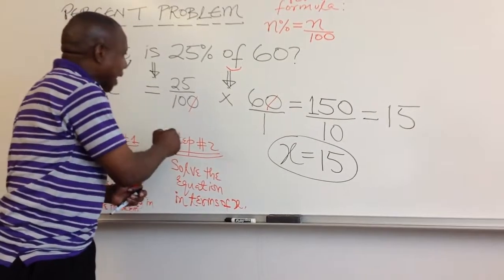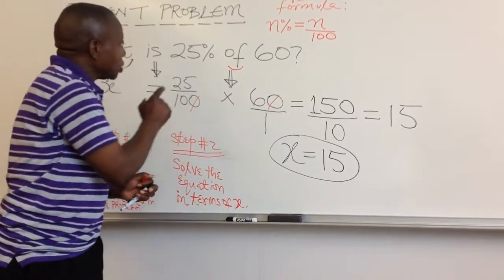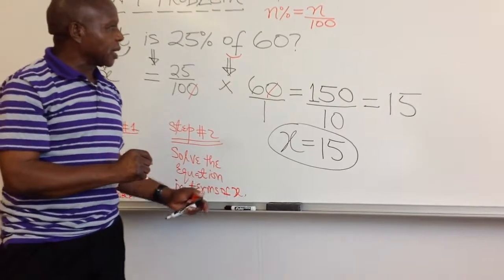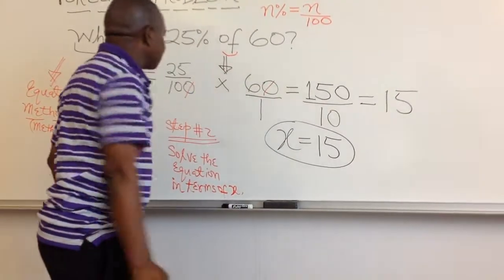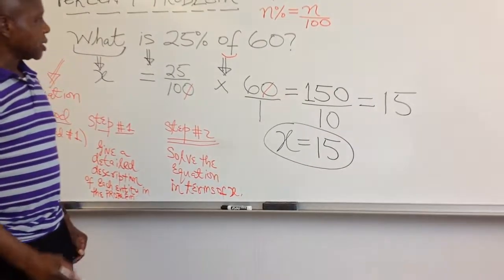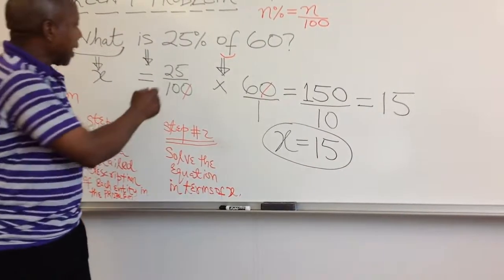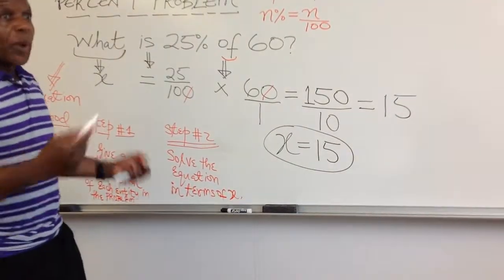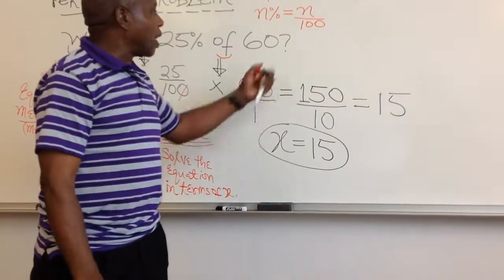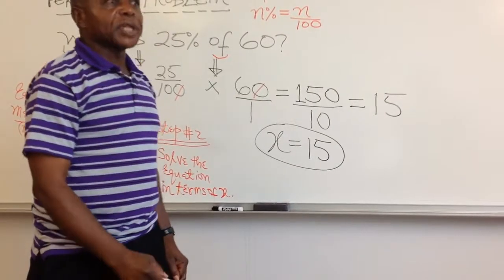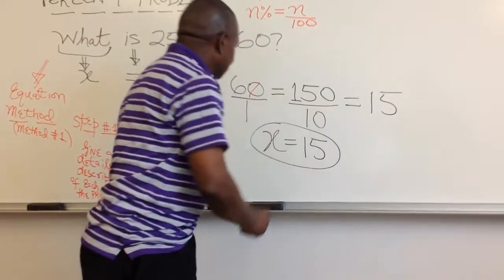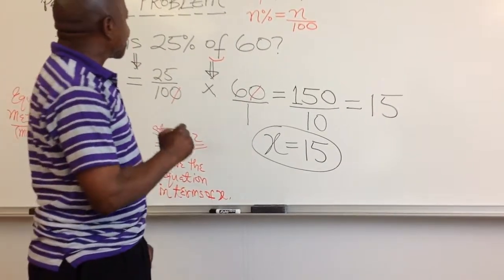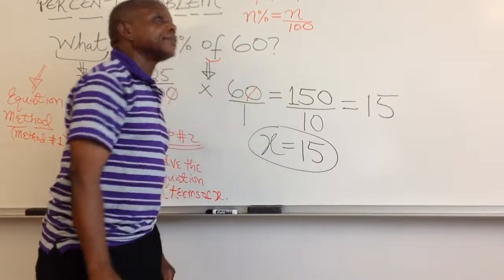And when we did that, we were able to multiply the 25 by 6, and we obtained 150. The next thing we did was to multiply 10 by 1 and obtain 10. And then we divided the 150 by 10 and obtained the number 15. So therefore, in this problem-solving situation, x equals 15.